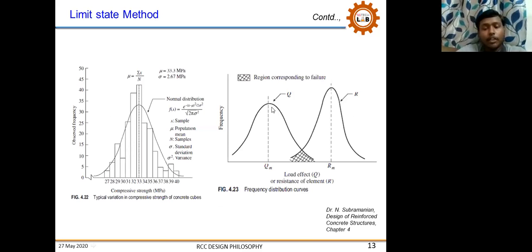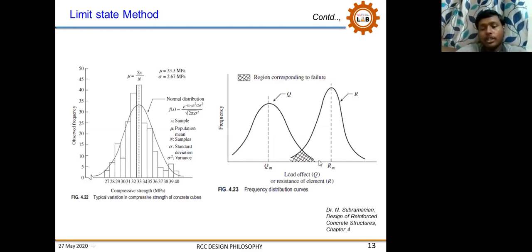In limit state they have found two things. One is load effects: what load effects are coming. On the higher side, these are very rare to occur. It may not occur within a given period, but the normal distribution curve shows that part also. And resistance: here it is the weaker resistance, whereas here it falls to the greater value.